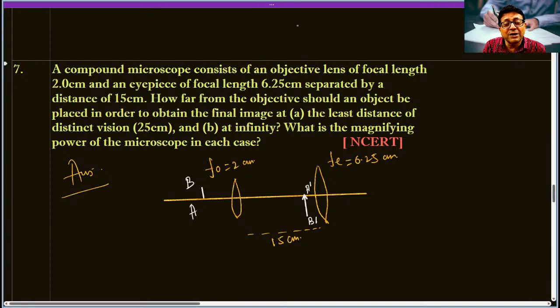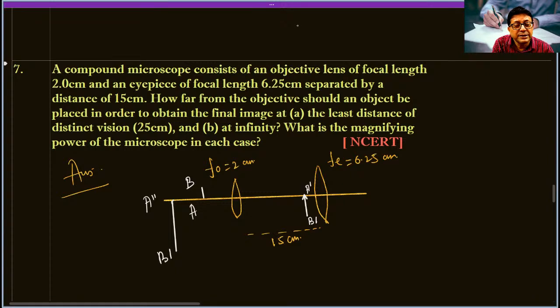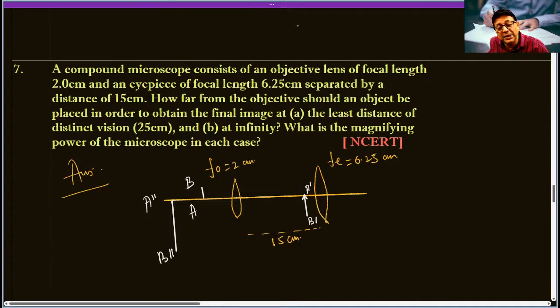And for a normal eye, it cannot be at a distance smaller than that. It will be larger than this. It will be situated here. Okay? So AB is the object, A dash B dash is the image formed by the objective, and A double dash B double dash here is the magnified image of AB. Clear? Understood?